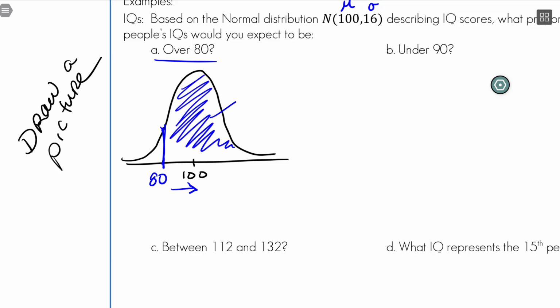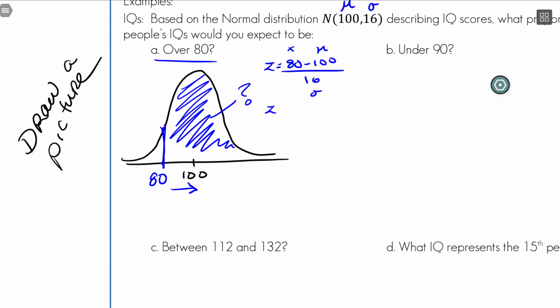What is this area? Because the area under the normal curve, under a certain region, is going to give us the proportion of individuals that fit that description. So we find this area, we will find this probability. And we know we can do that by calculating a z-score. So z is going to equal 80 minus 100 divided by 16. Again, this is just our x minus mu over sigma.